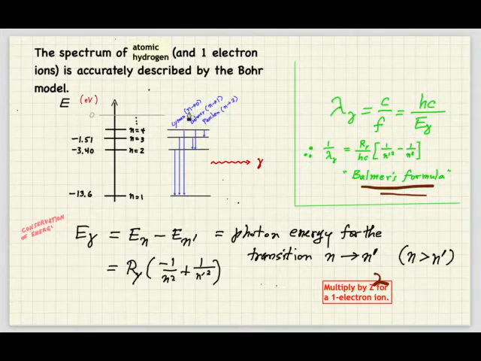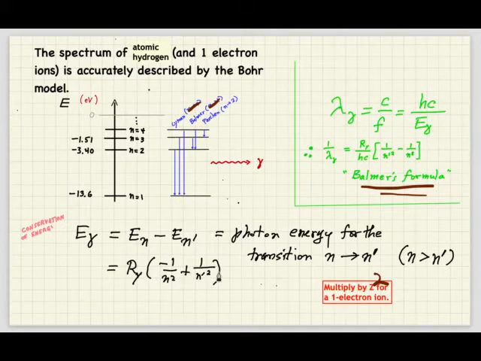I think I have these numbers wrong, but there's the Lyman series where n prime is equal to 1. So it can make a transition from n equals 2 to n prime equals 1, or n equals 3 to n prime equals 1, or n equals 4 to n prime equals 1.